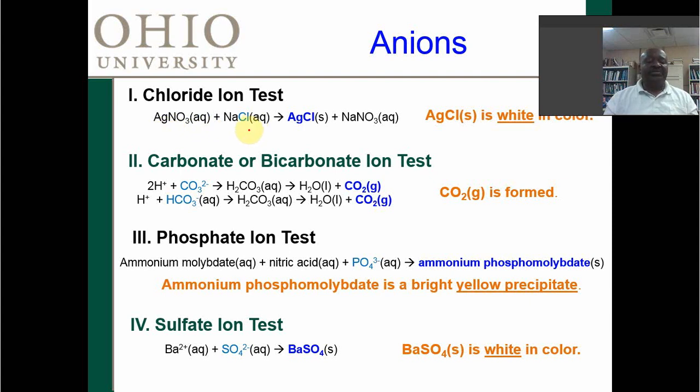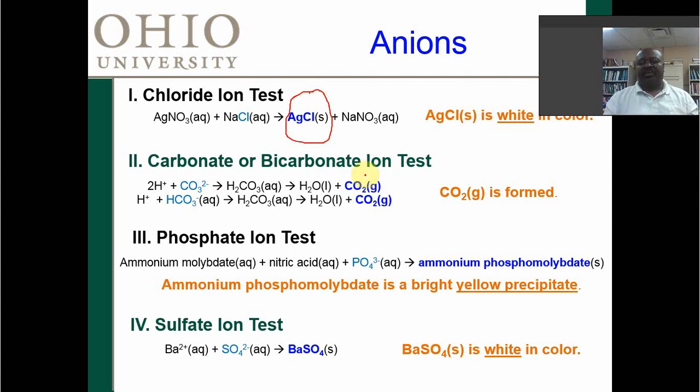And when these react, they form a precipitate, and the precipitate, or solid phase, is silver chloride. It's a solid, so it will come out at the bottom, and we'll be able to see that the solid has formed. Its color is white, and so when we see that amongst unknowns 2, 3, 4, and 5, we will know that that solution contains chloride.